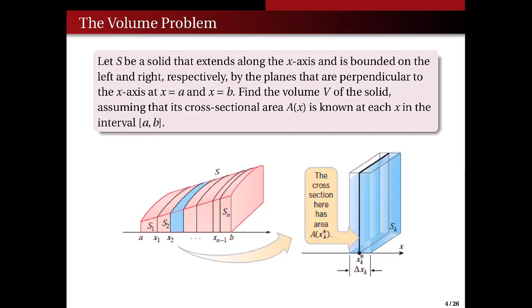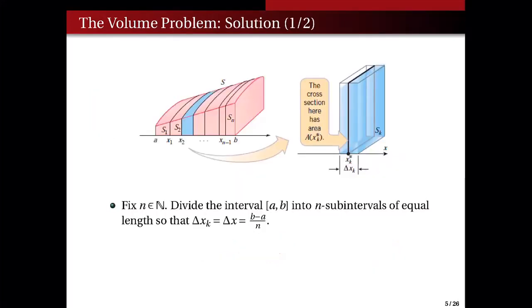So you remember all these steps? This is what we were doing since we started discussing the area problem and the definite integral. We fix n, and then we divide the interval [a, b] into n subintervals. It can be any length subdivision, but in this case, to simplify our computation, we will divide the interval into n subintervals of equal length.